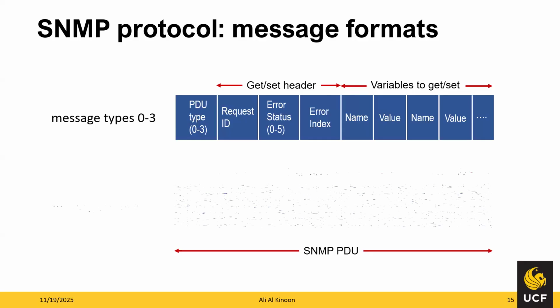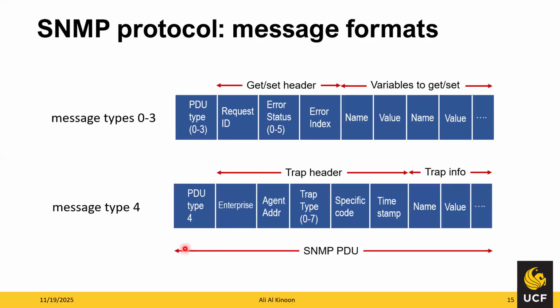So let's look at trap. Trap represents the message that is type 4. Trap flows from the agent to the manager to report events. The trap header includes fields like the PDU type, which still exists in both, the enterprise identifier, and the agent address, which helps identify the device generating the trap message. It has a trap type and a specific code to give more detail about the event that occurred.